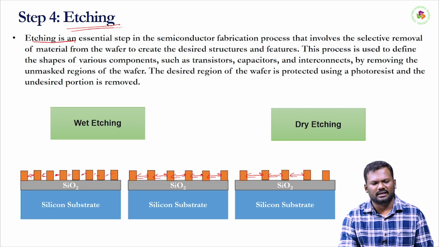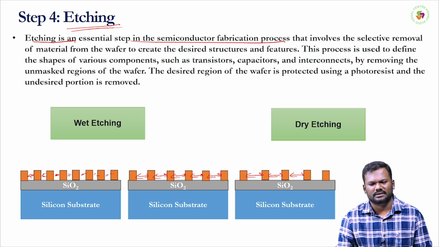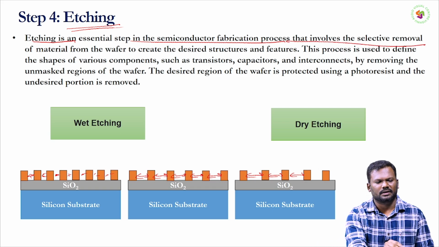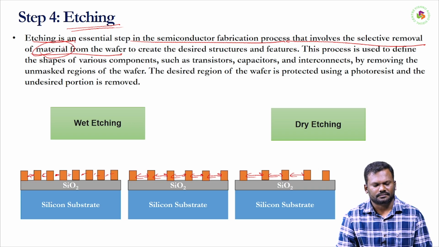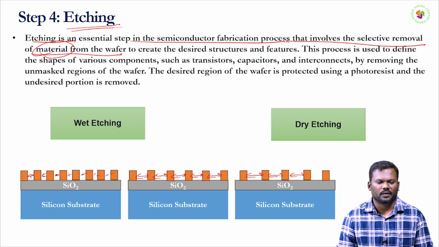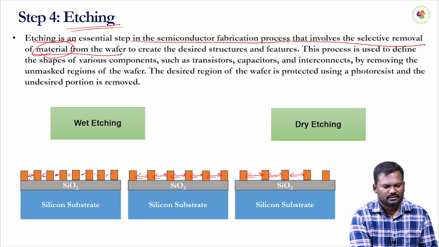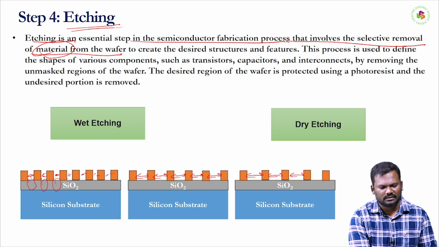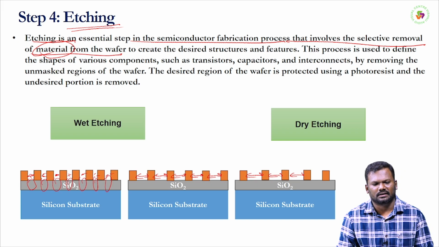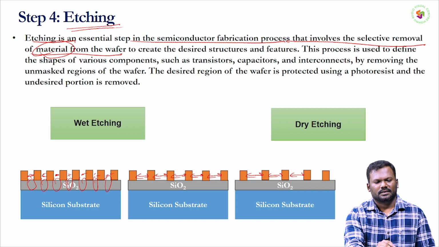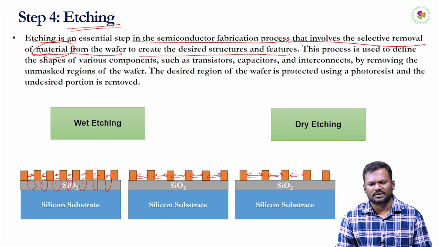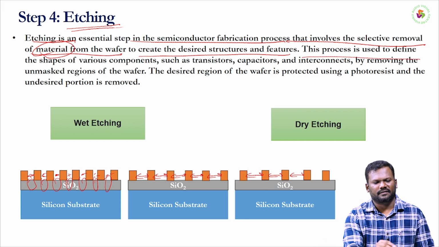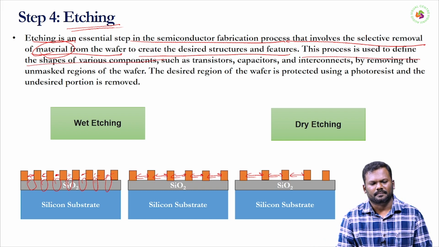Etching is an essential step in the semiconductor fabrication process that involves the selective removal of material, which is nothing but your photoresist. Not only the photoresist, at the same time in some cases we can remove your silicon dioxide also, from the wafer to create a desired structure and features. This process is used to define the shape of the various components.